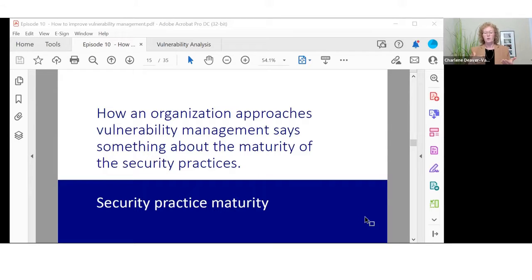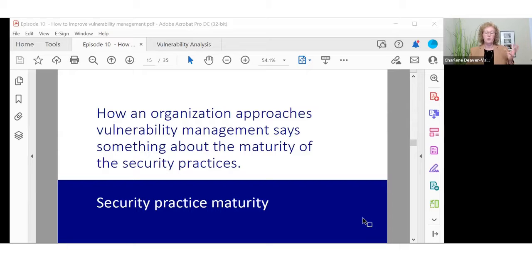How they approach vulnerability management really says a lot about how far along they are in their security practices, how many policies and procedures they really have in place, whether or not they've selected and adopted a security standard like the NIST cybersecurity framework, for example. So as you're having these conversations in your organization, just kind of keep that in mind. This is not just an operations issue. Senior leadership should be involved in this.